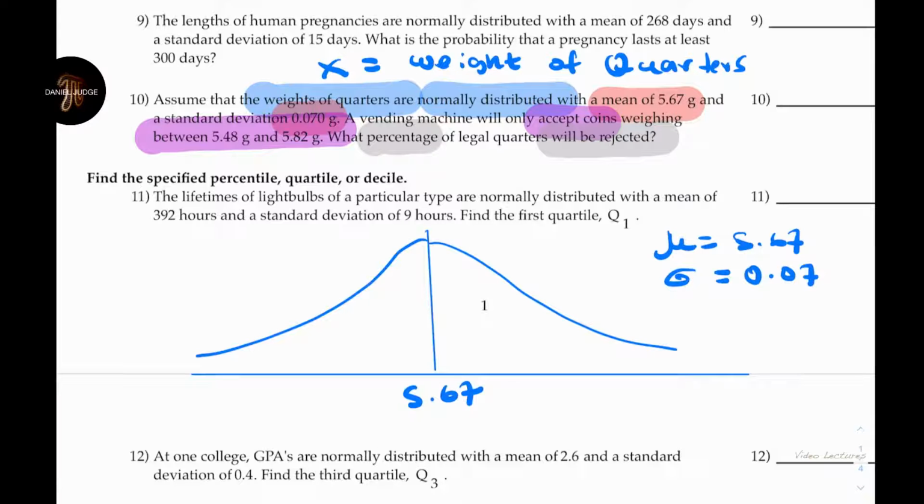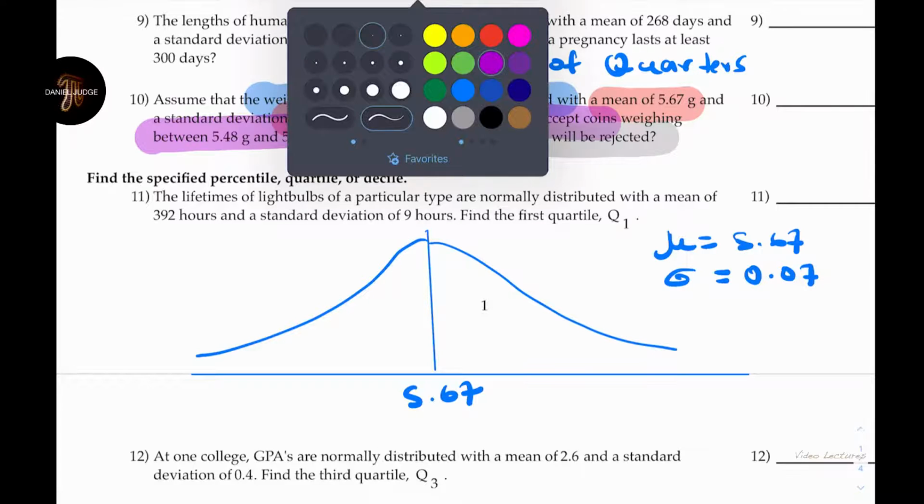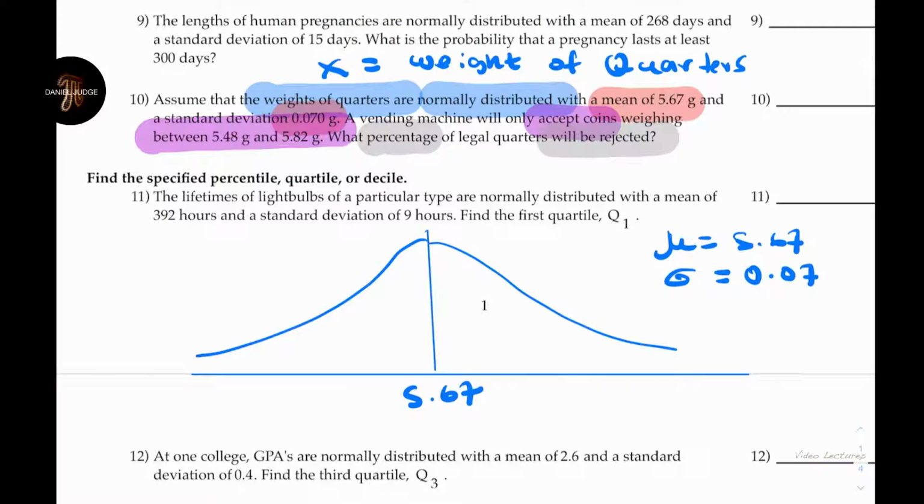Now, notice what they're saying. They're saying a machine will accept coins weighing between 5.48, you know, that's actually to the left of 5.67, and 5.82. Well, that's larger than the mean. So what I want to remark here, this is the accept region.